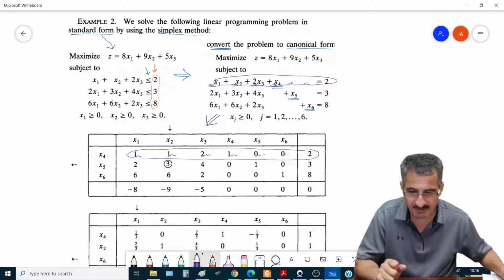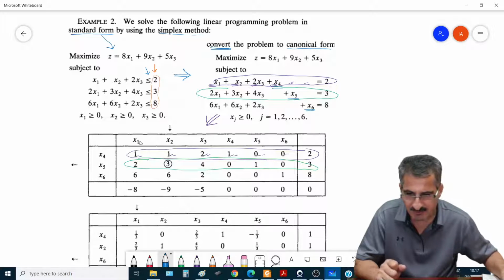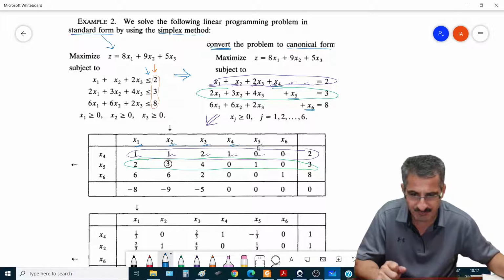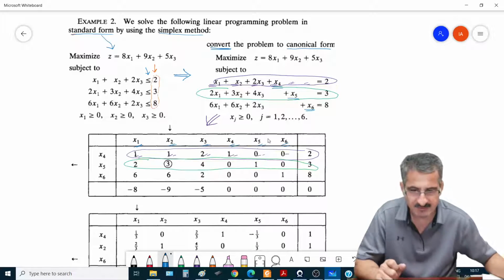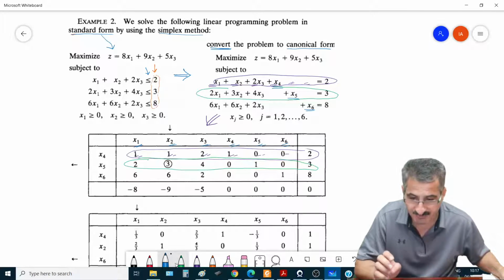Again, the coefficient of the second row is in here. So notice what we have done in here. This is x1, x2, x3, x4, x5, x6, and below each one of them is its coefficient.